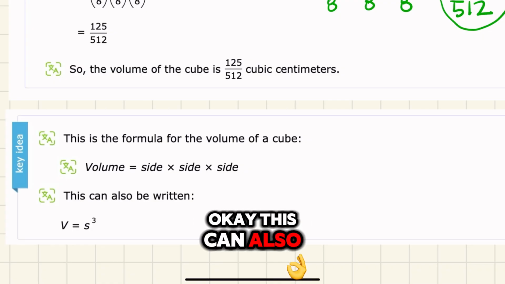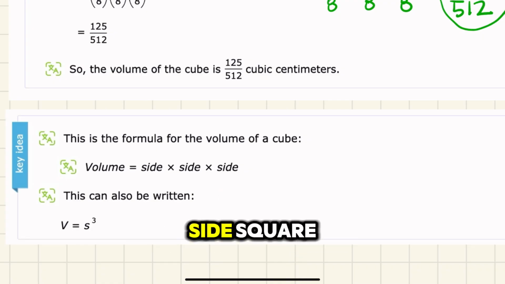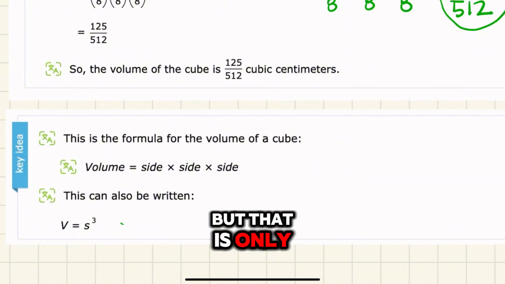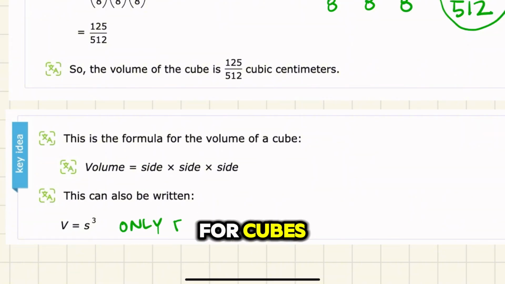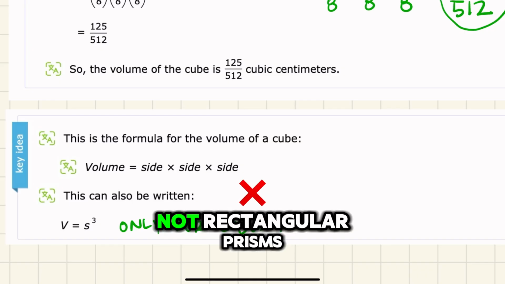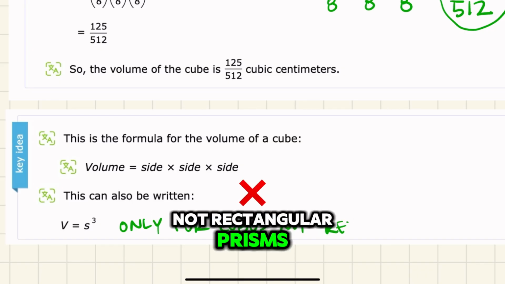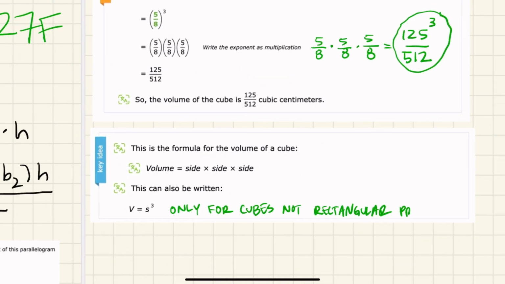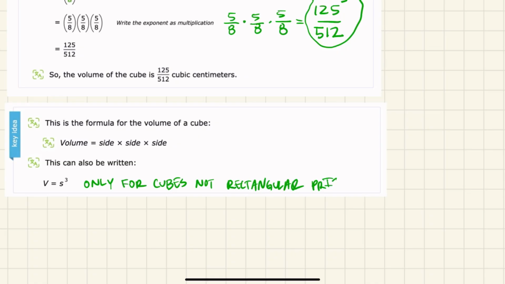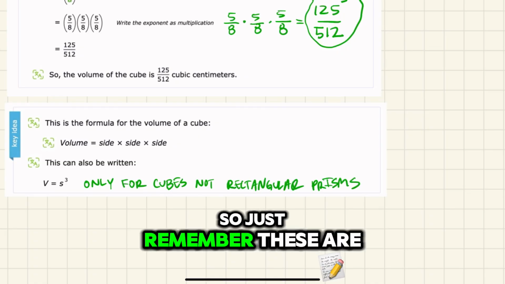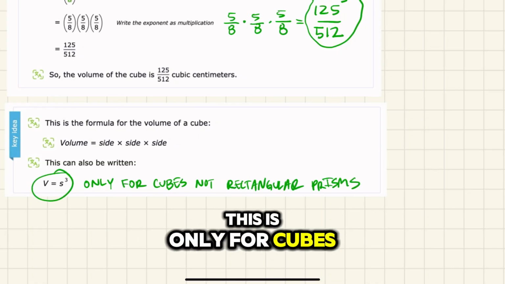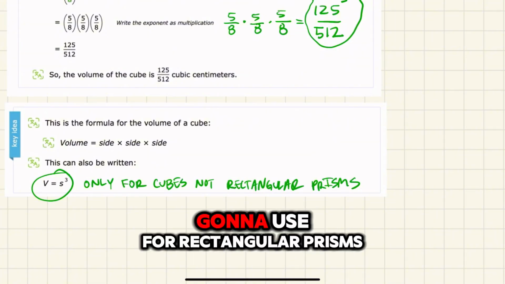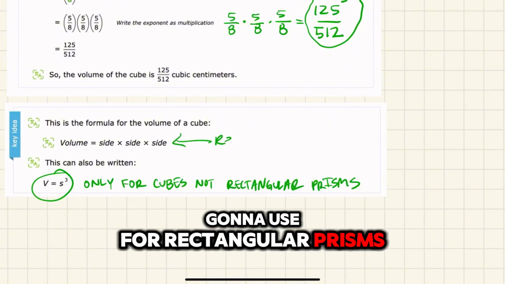This can also be written as volume equals side cubed, but that is only for cubes, not rectangular prisms. So just remember, this is only for cubes. This is what you're going to use for rectangular prisms.